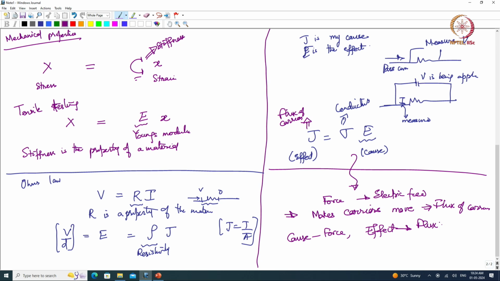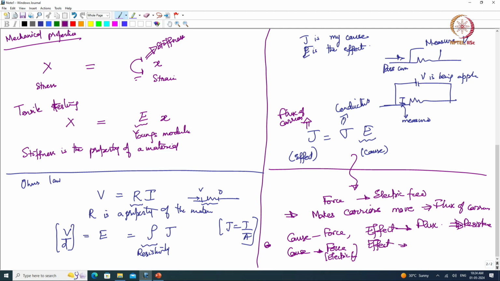Contrast it with capacitance, where, so this is what happens in resistance. In case of capacitance, the cause is electric field, and the effect is some sort of a dipole moment or charge separation. That is it.